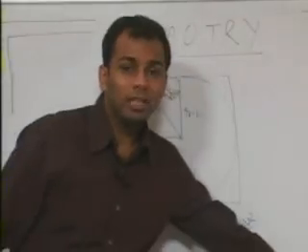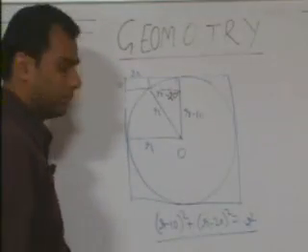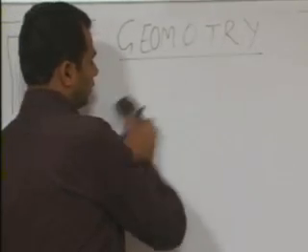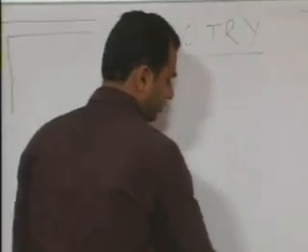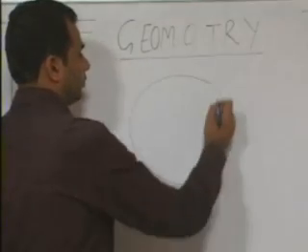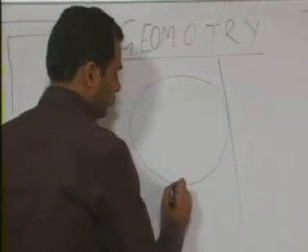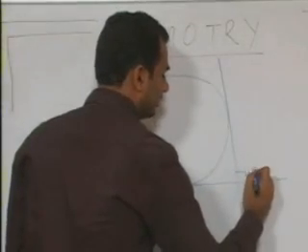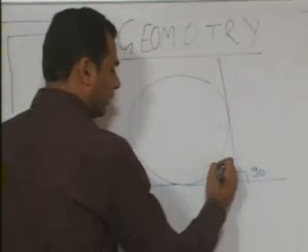Now, let's take a couple more examples. Let's say this angle is 90 degrees, and I draw a smaller circle here.